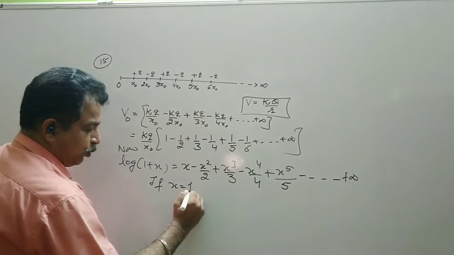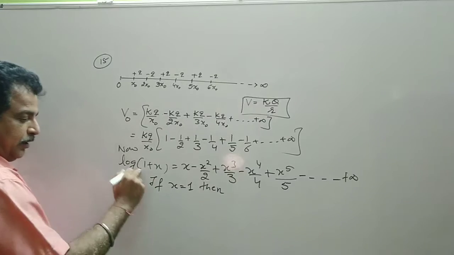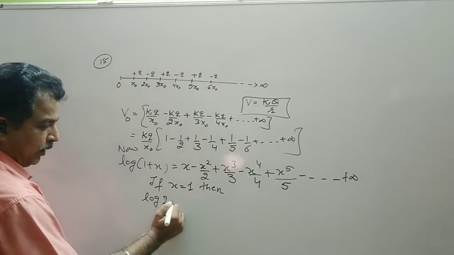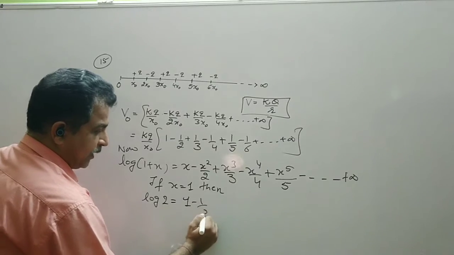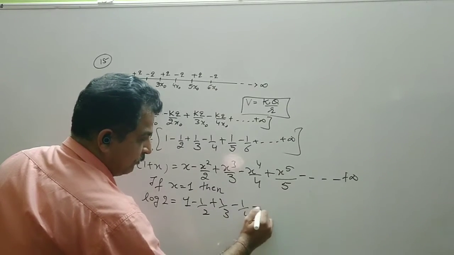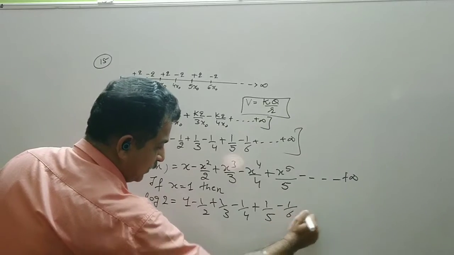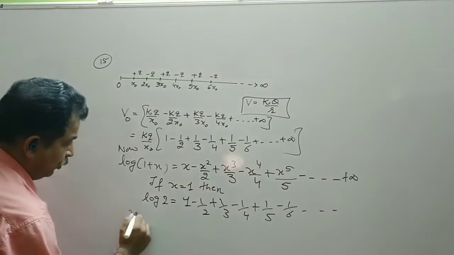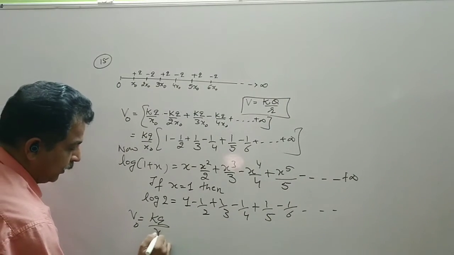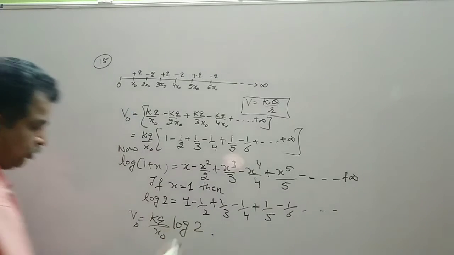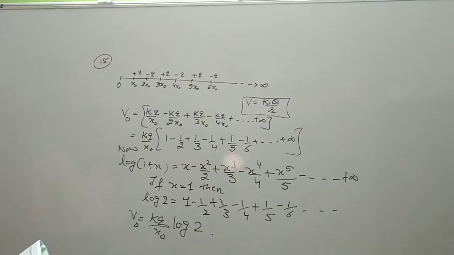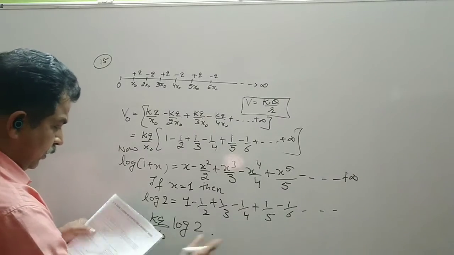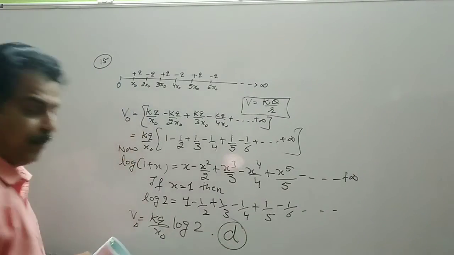If x is equal to 1, then this is log 2, and therefore log 2 becomes 1 minus half plus 1 by 3 minus 1 by 4 plus 1 by 5 minus 1 by 6, like this. So the entire value V naught is equal to kq upon x naught times log of 2. In the place of k, we have 1 upon 4 pi epsilon naught. So this is option D.